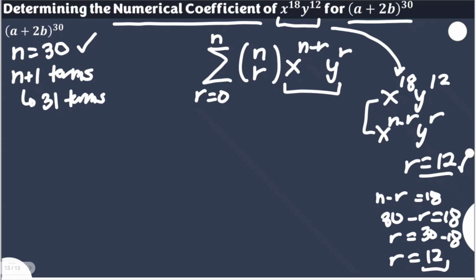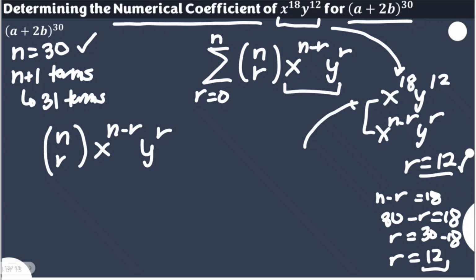Now, we won't be using the summation itself because we just need to look at one term, because the summation of this entire expression would give us the actual expansion of the 31 terms. So we simply need to look for n taken r, x to the power of n minus r, and y to the power r. As soon as we get the coefficient for x to the power of 18 and y to the power of 12, that will be our result.